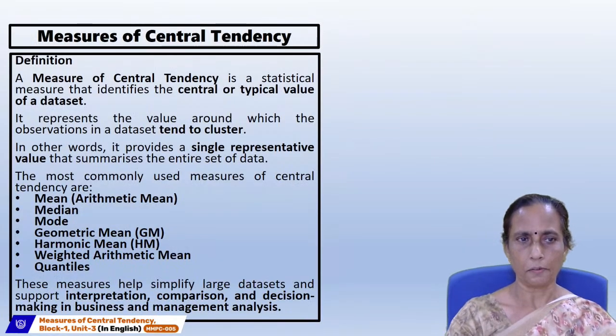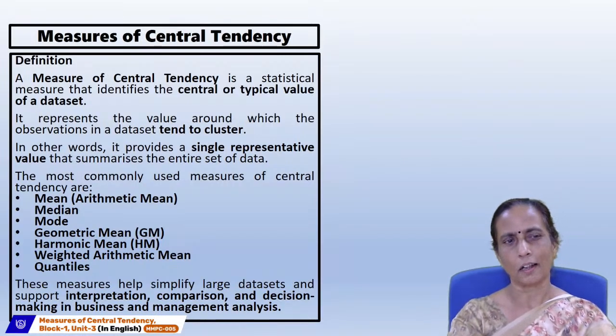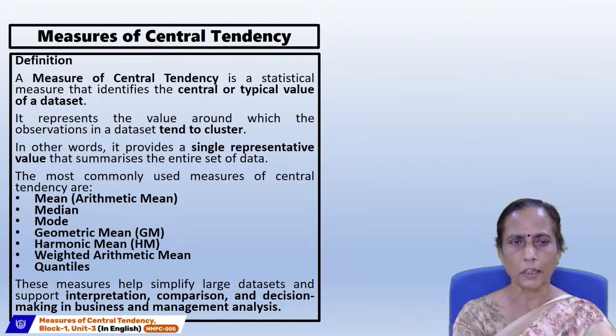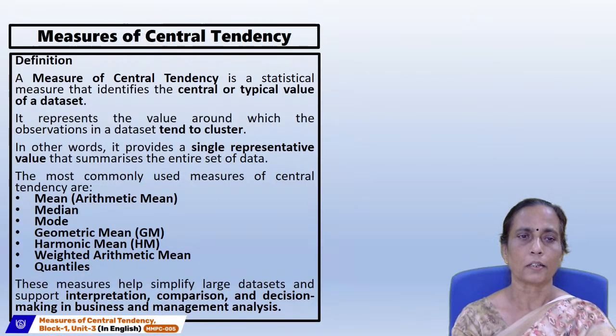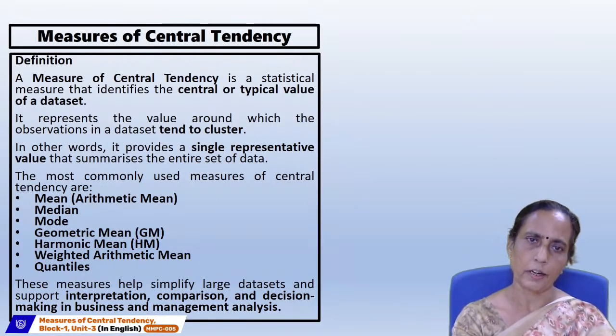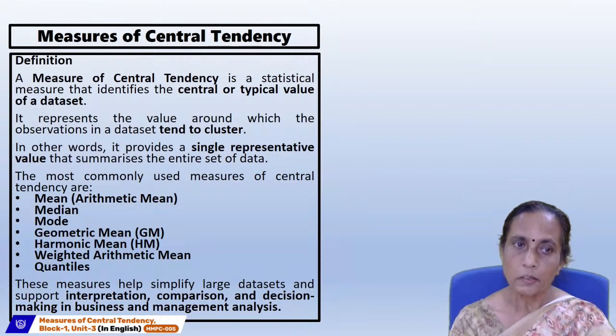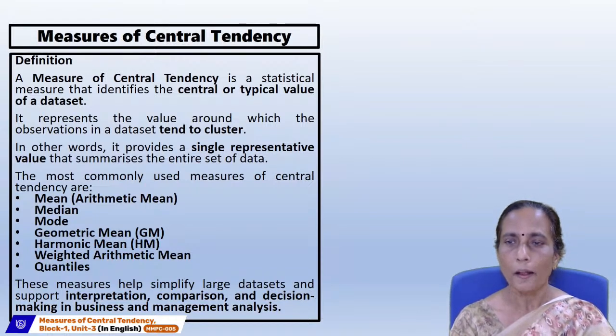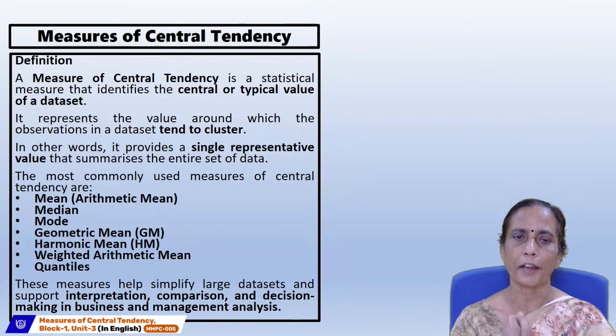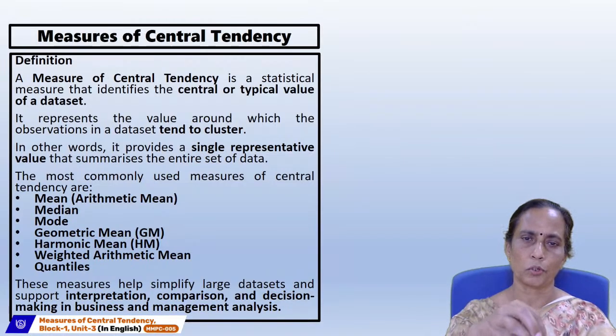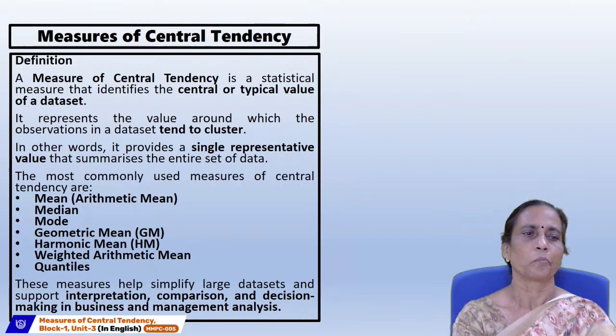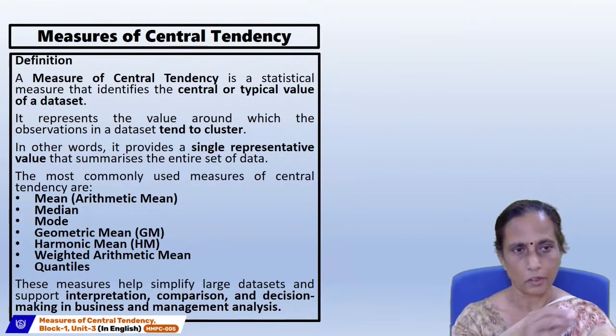So, the definition of a measure of central tendency. There are several definitions, but precisely we may say that a measure of central tendency is a statistical measure which identifies the central or centermost value of your data set.